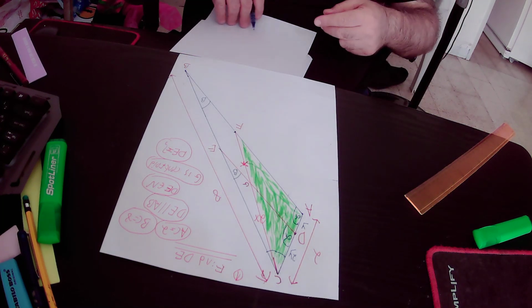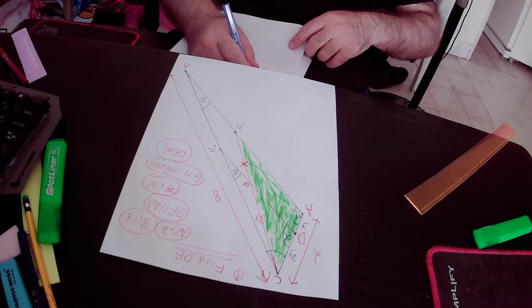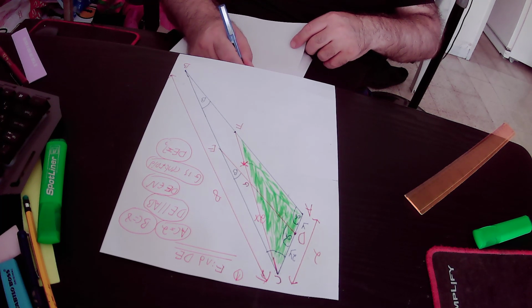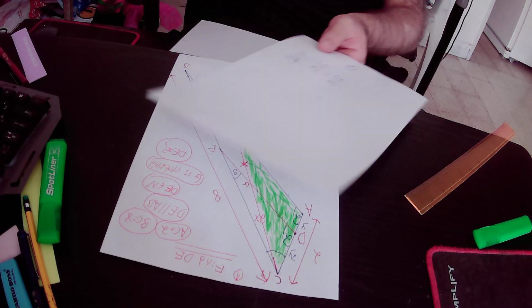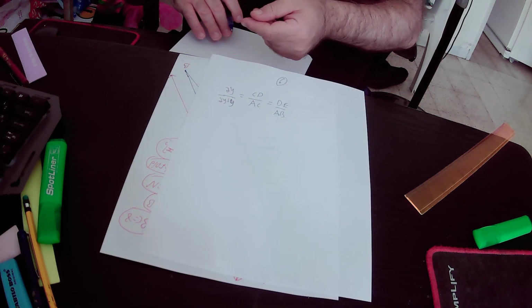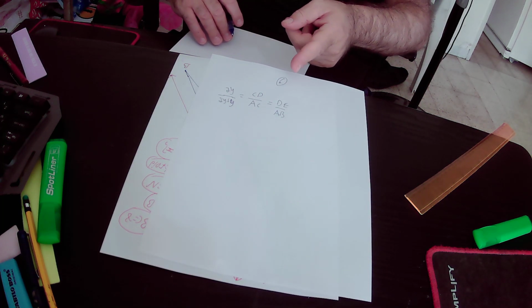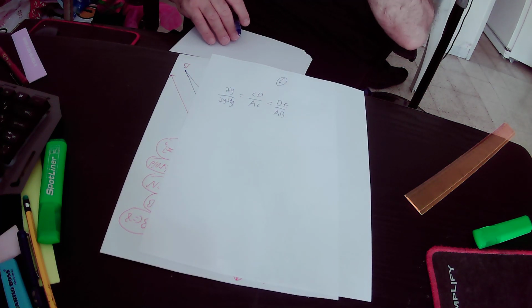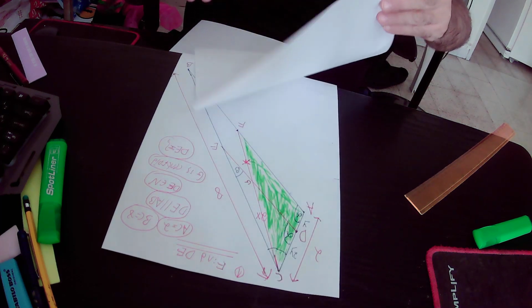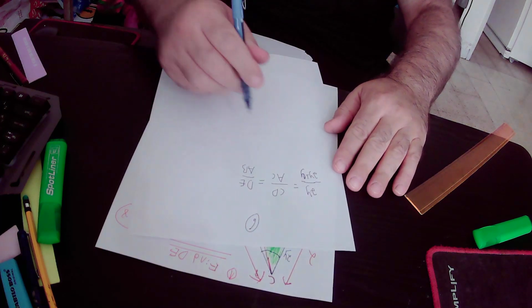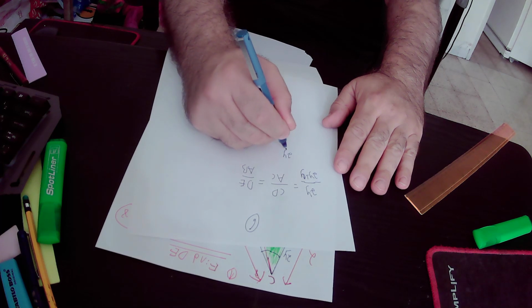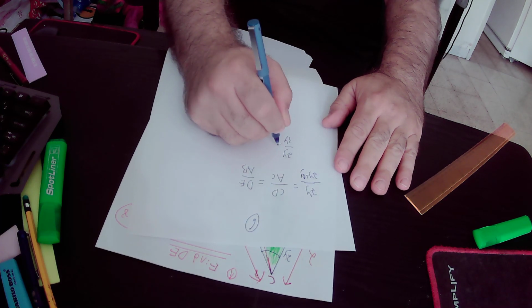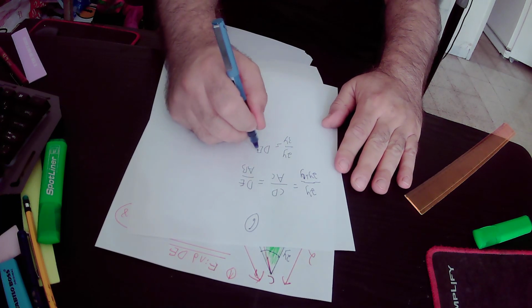So in total we get 2y over 2y plus y equals DE over AB, or 2y over 3y equals DE over AB.